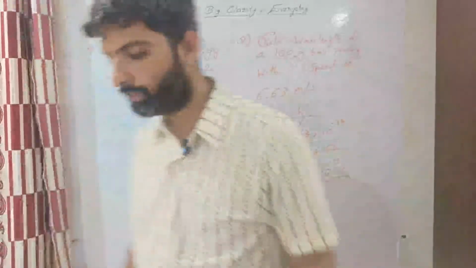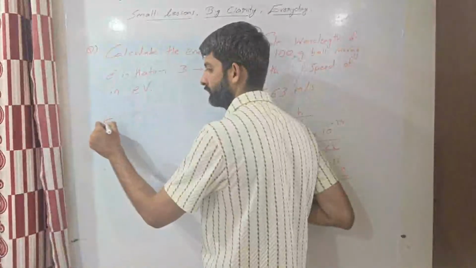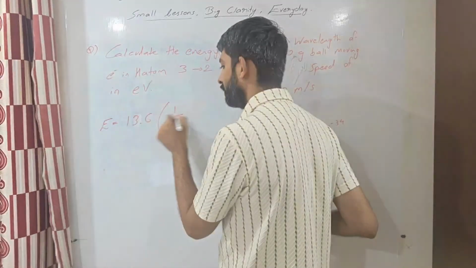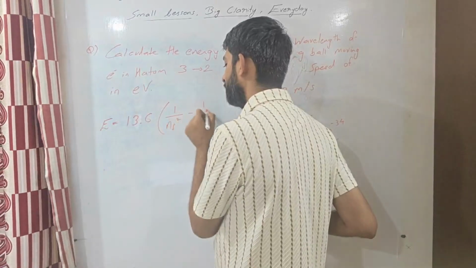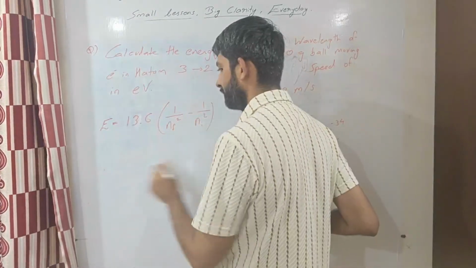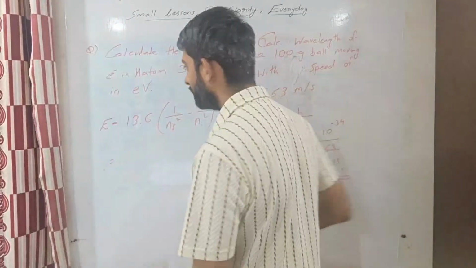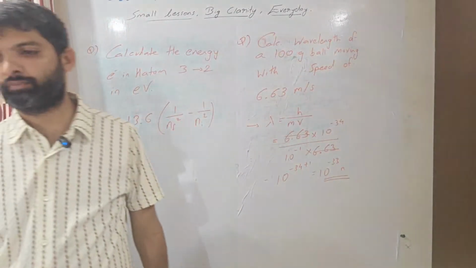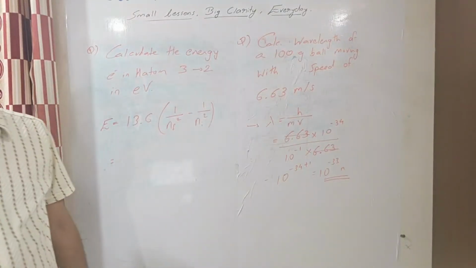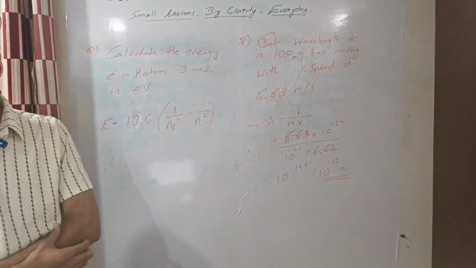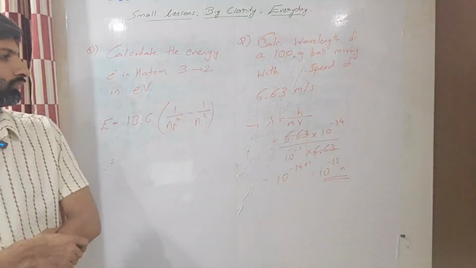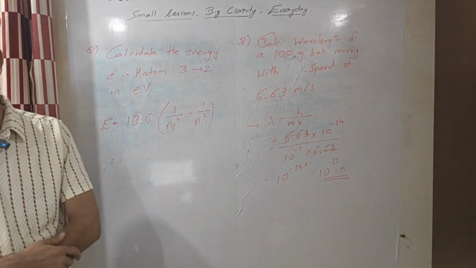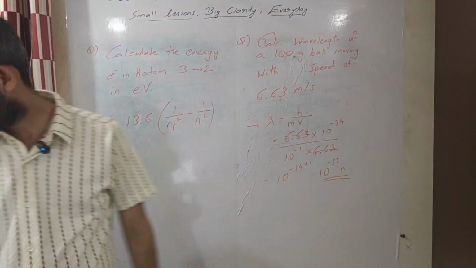Okay, let me tell you the formula then. It is 13.6 because we need to find it in electron volt, 1 upon nf square minus 1 upon ni square. Now I hope you can calculate it.